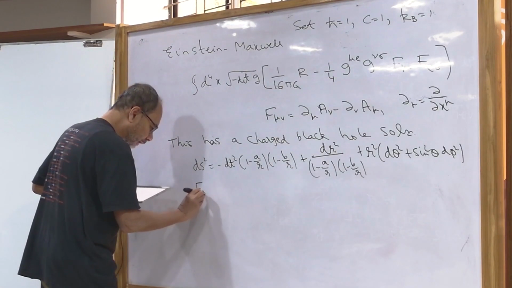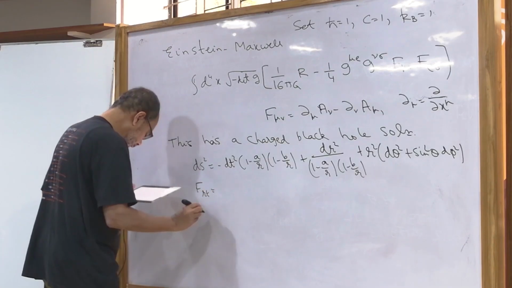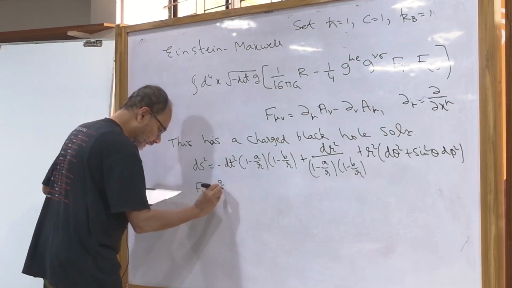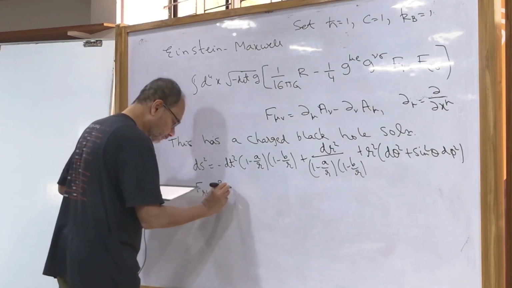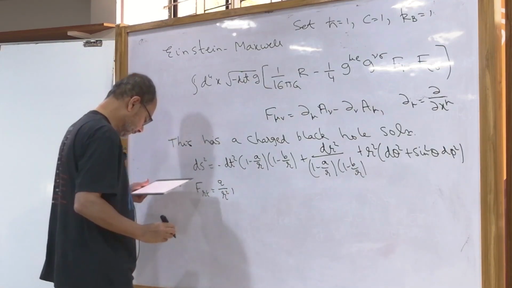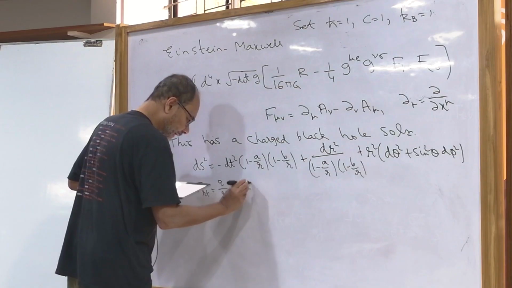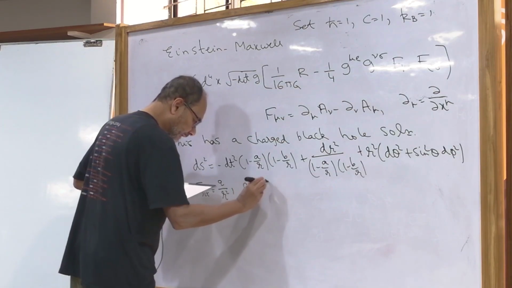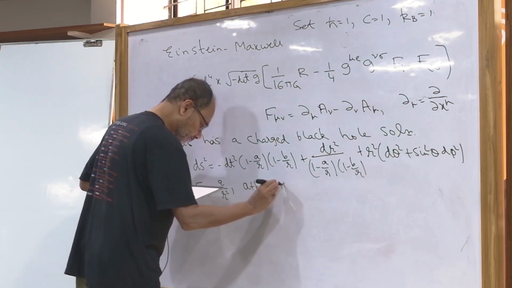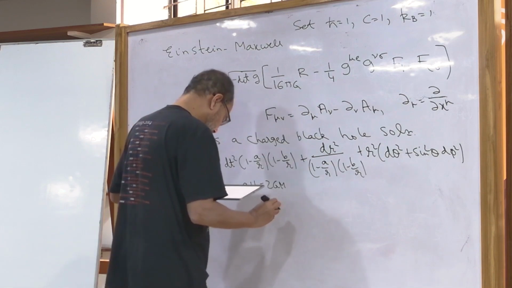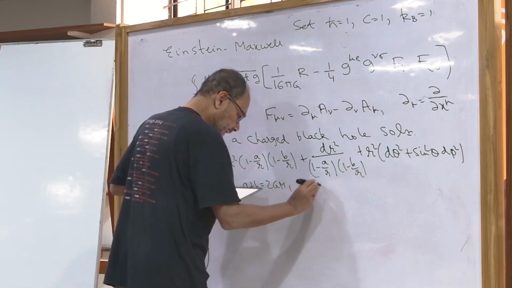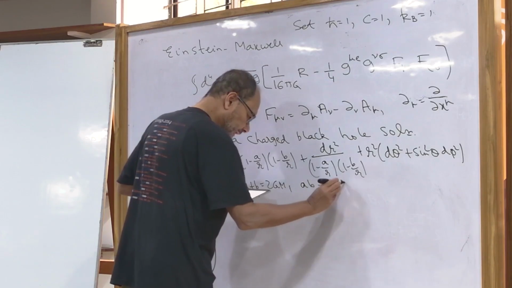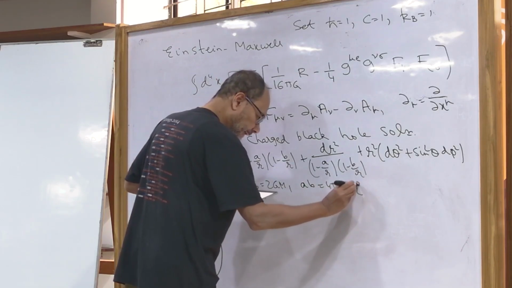The only non-zero component of F is the RT component, and this takes the form Q over R square. And we have A plus B equals 2GM, and AB is 4 pi G Q square.